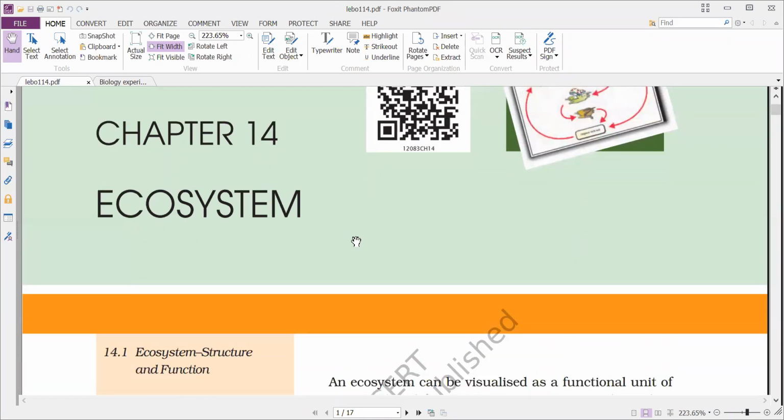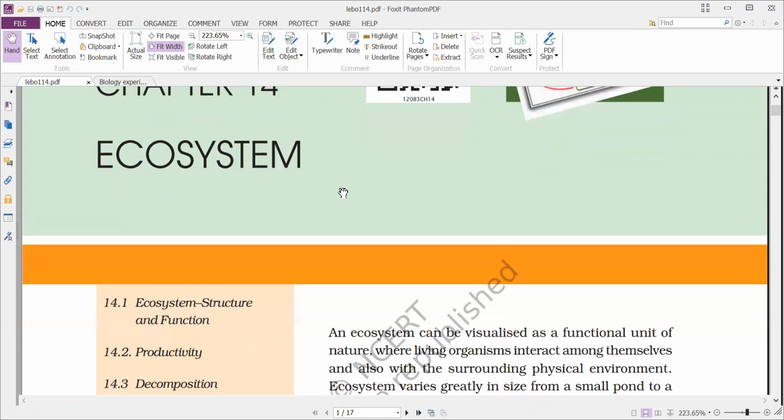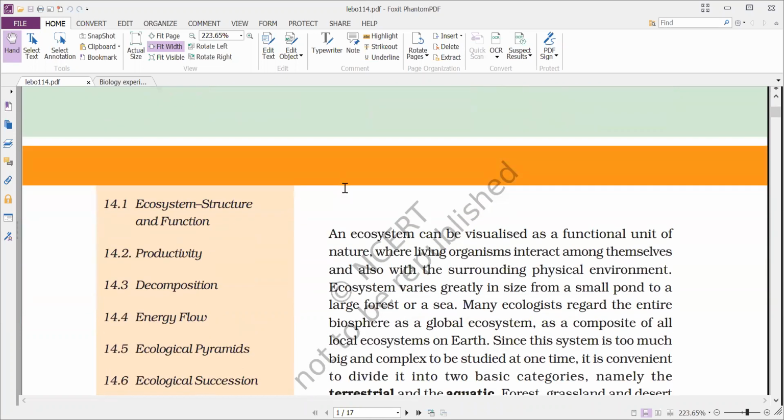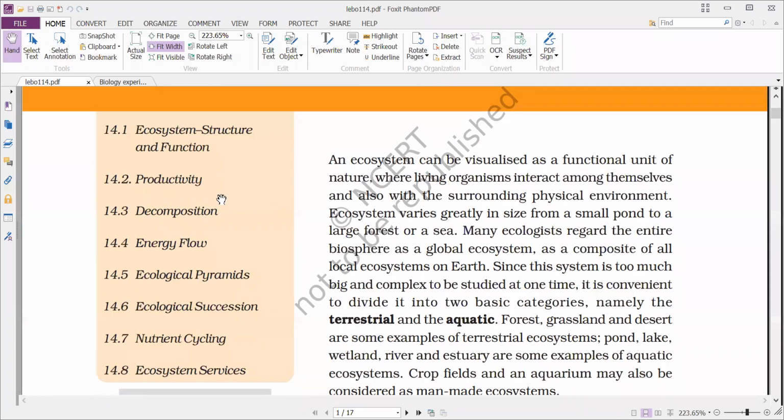Next, coming to the next chapter, chapter 14, that is the ecosystem. Under this chapter, we'll discuss different concepts like ecosystem structure and functions, that means what is the role of ecosystem in nature, and what are the different components present in an ecosystem.